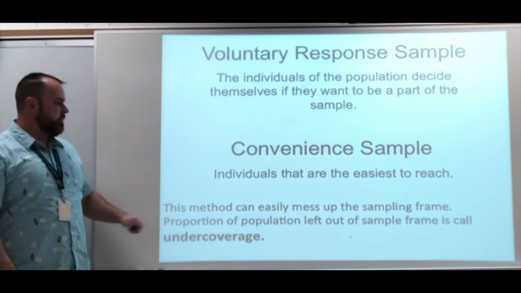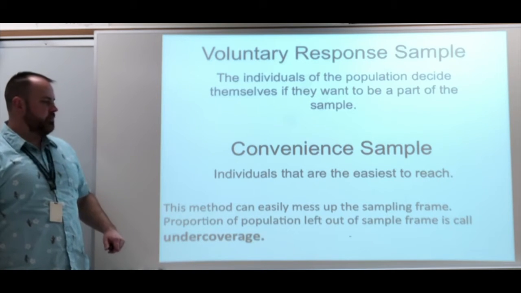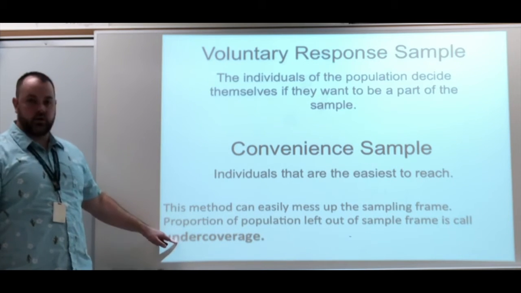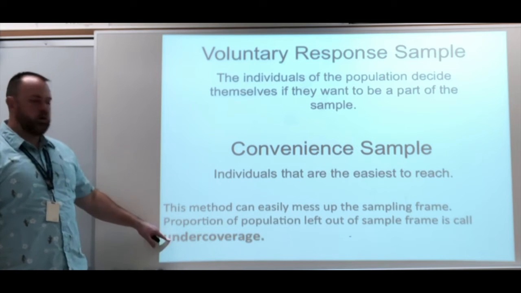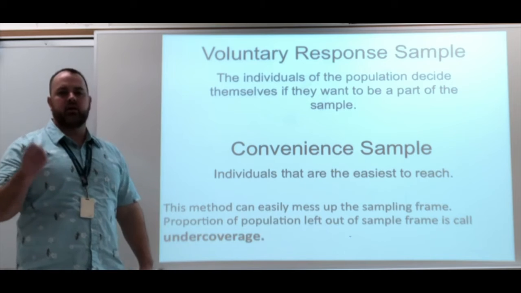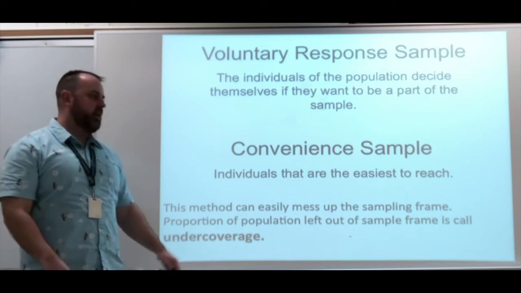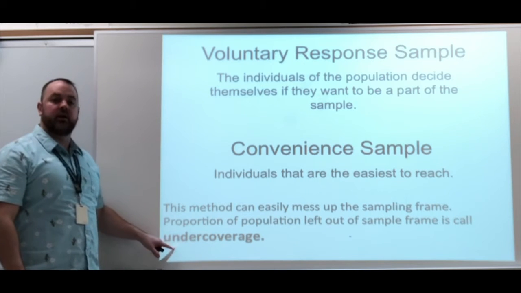This method can easily mess up the sampling frame. The proportion of the population left out of the sampling frame is called undercoverage. We have to worry about undercoverage. These are the people that are part of our population, but if they are not given a chance to be part of the sample, that's going to be a problem. That's the group that is not being represented, the undercoverage.